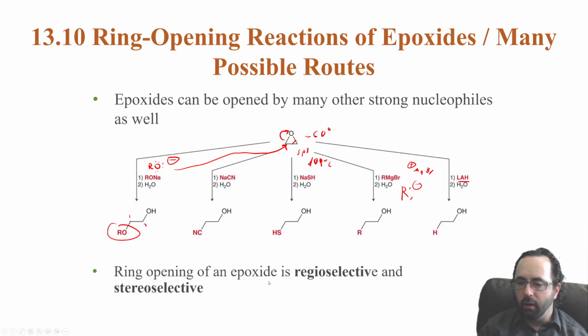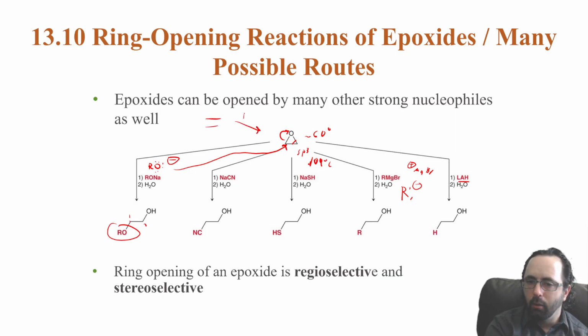One important thing to note is that these ring openings of epoxides are both regioselective and stereoselective. And just as a side note, recall that the way we get epoxides is that if we take an alkene, we can react it with a peroxy acid and get the epoxide.